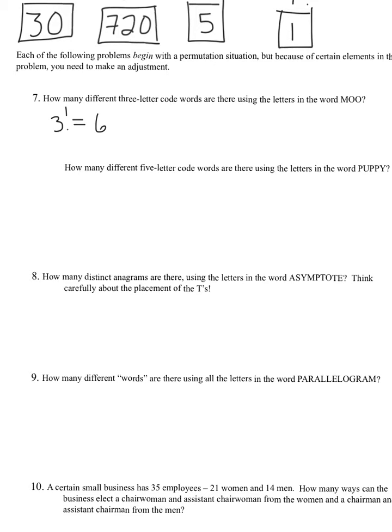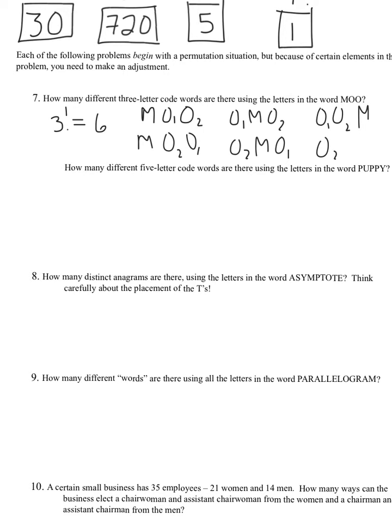And here's the problem. We could start with M, and then we should have a choice of O sub 1, say, or O sub 2, versus O sub 2 or O sub 1. We could put M in the center. We could put M at the end. But however we switch up those O's, they look the same.